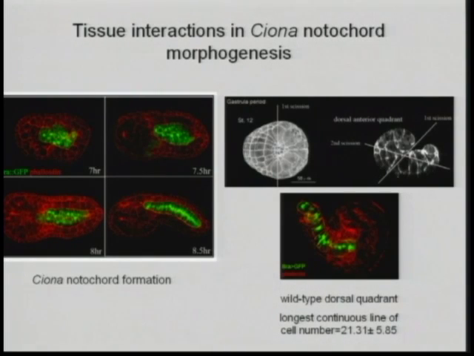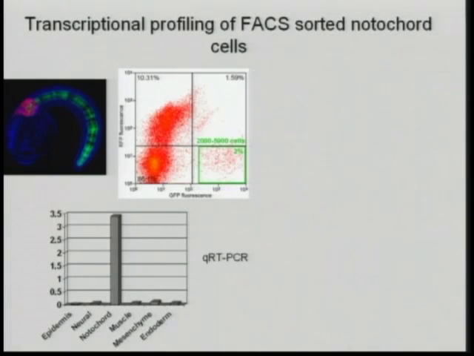But in order to identify these things, I decided to take a whole genome approach, basically looking for all the genes expressed in a tissue and trying to identify the candidates that can affect this process. The way we did this is through FACS, fluorescence activated cell sorting. How did I do this?